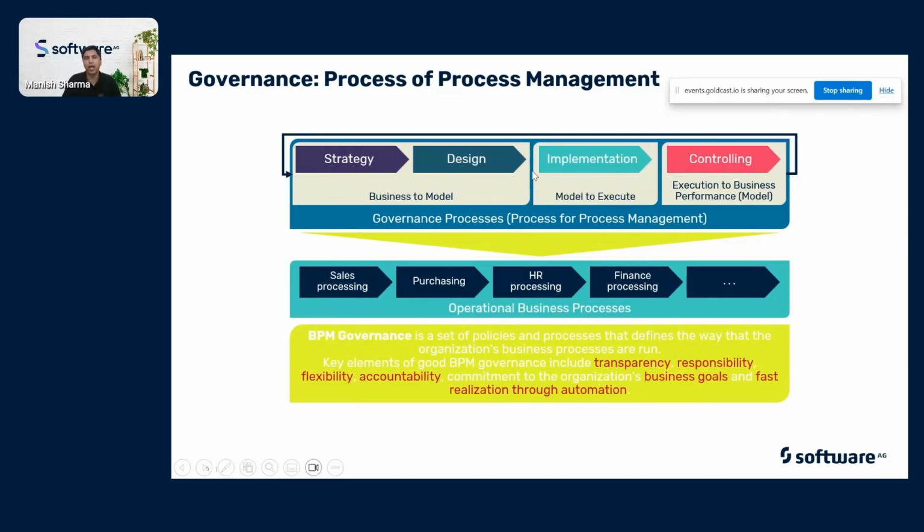So this act of design, implementation, controlling, and the loop back is something that you need to control. So we call it change management, and the change management needs some sort of a vehicle to be executed, and that's where we have this governance coming into picture.